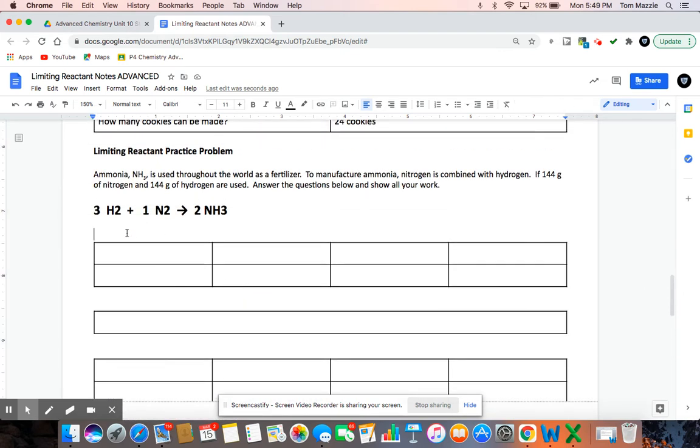So step one is we are going to convert nitrogen to NH3. It says we have 144 grams of nitrogen. If grams of nitrogen is on top, we need grams of nitrogen on the bottom.